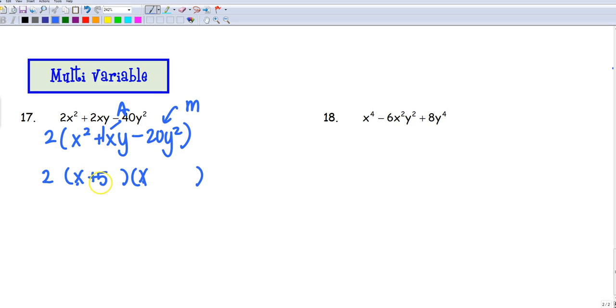That's a positive 5 and a negative 4. But when I multiply these, I need to get a y squared, which means each of these needs to have a y. And now you can just check. Okay, x squared, it'd be negative 4xy, positive 5xy, gives me 1xy. Yep, that's what I want. 5y times negative 4y is negative 20y squared. And there you go.